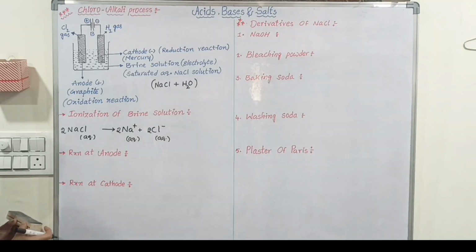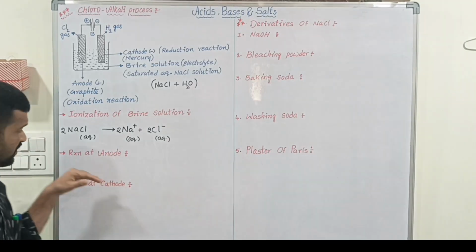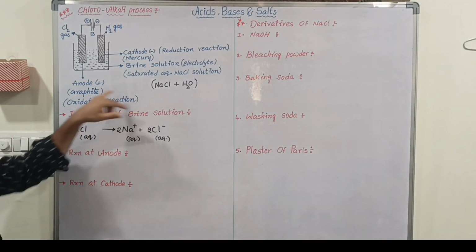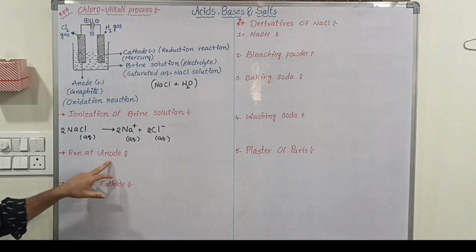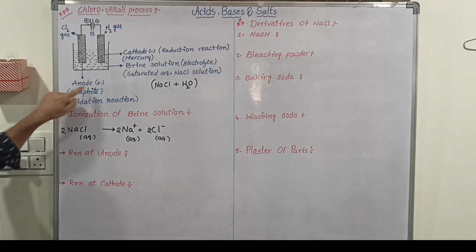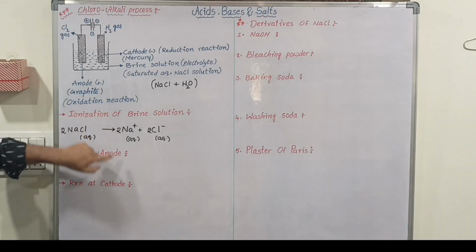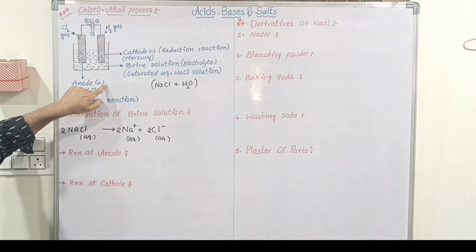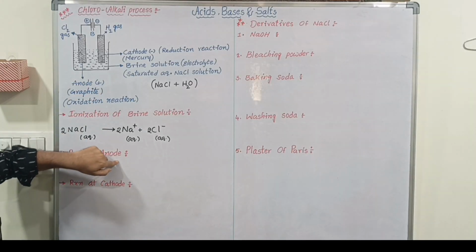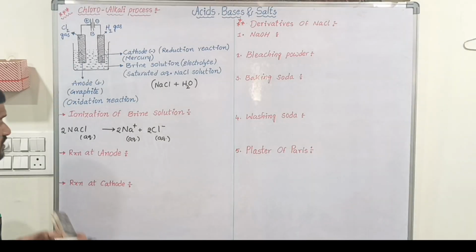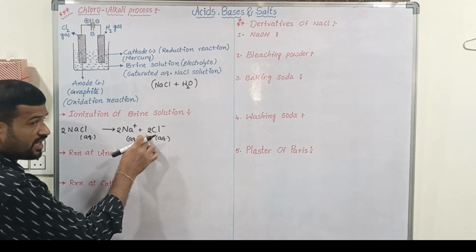Okay, so now we know that at the anode oxidation reaction takes place, at the cathode reduction reaction takes place. What is the charge of the anode? The anode has a positive charge. So at the positively charged anode, what type of ions will migrate? Negatively charged ions, meaning anions. So what are the anions here? Chloride ions.